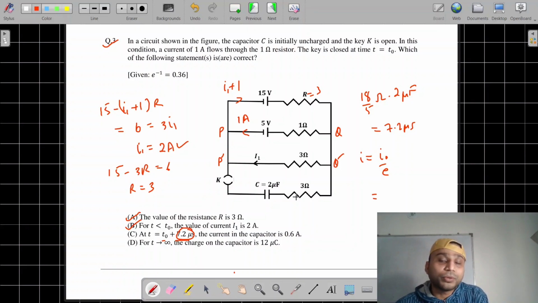So 6 upon 1.5 is 4 amperes. So 2 amperes of current would be flowing here. That means the maximum current would be 2 amperes.